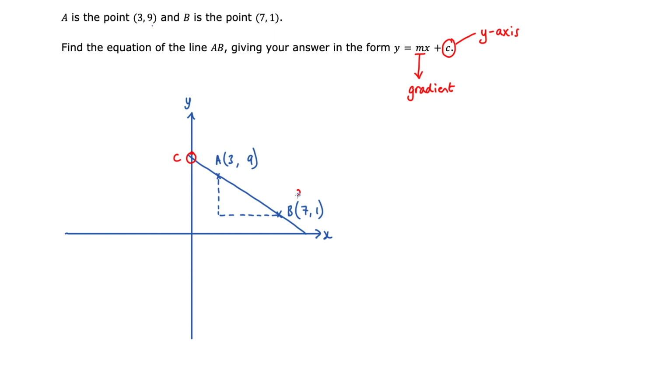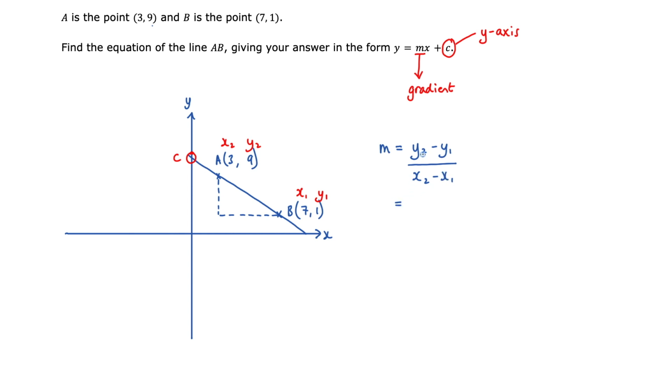Let's label these points x1 and y1, and this would be x2 and y2. So the m, or the gradient, is the change in y, which is y2 minus y1, over the change in x, which would be x2 minus x1.